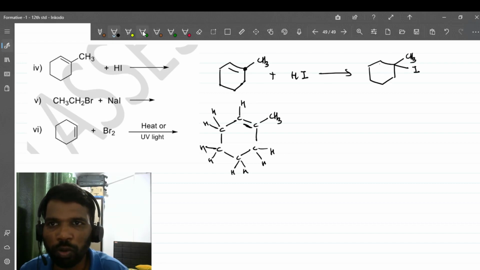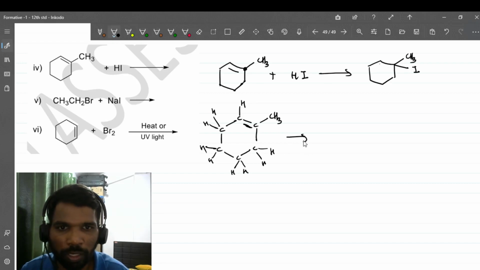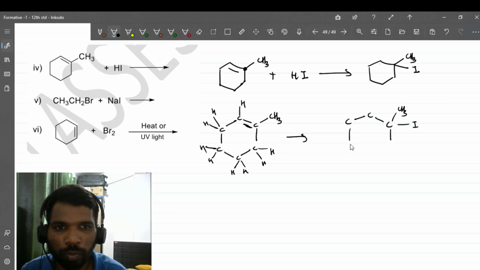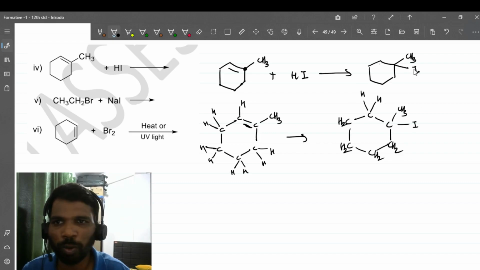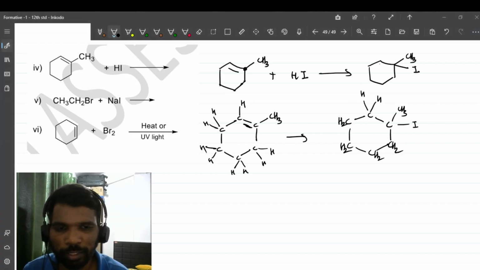And this double bond will go, means in the actual open structure I'll show this way. There was already one hydrogen, so one hydrogen will come. This is CH2. You can write it this way also. So this is the product. That's it.